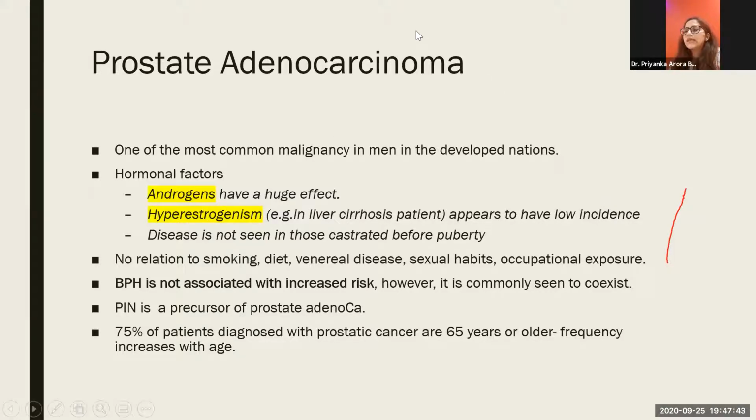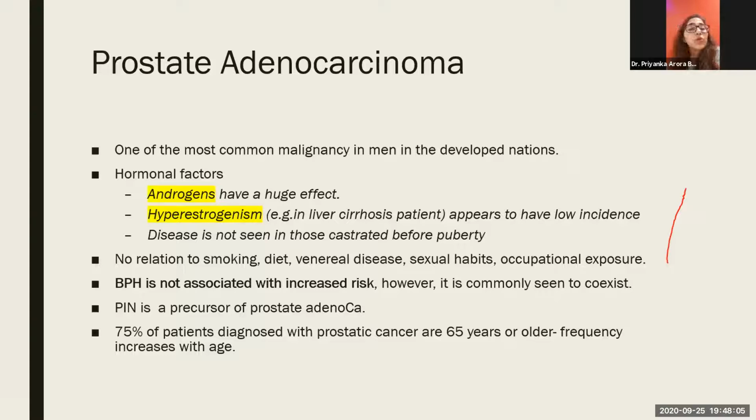Then other than that, there is not really a risk factor, but BPH was sometimes thought to be a risk factor, but it is not. It's usually a coincidental finding seen along with prostate adenocarcinoma. Sometimes you get TURP specimens for BPH and you incidentally find adenocarcinoma in that.